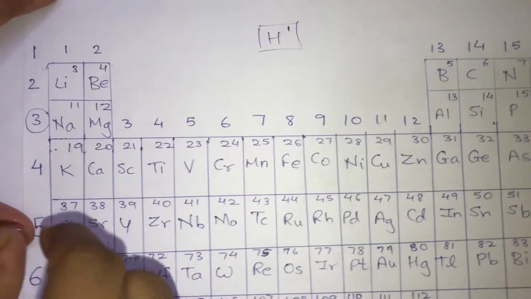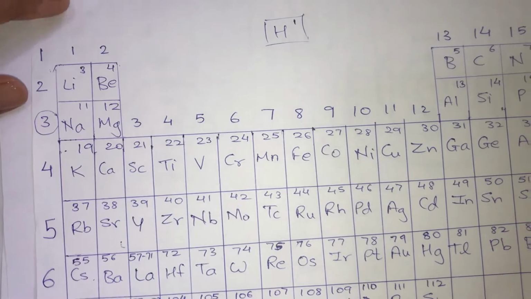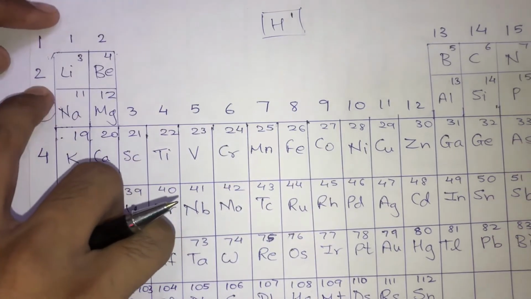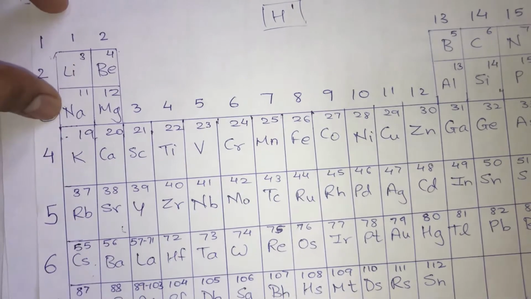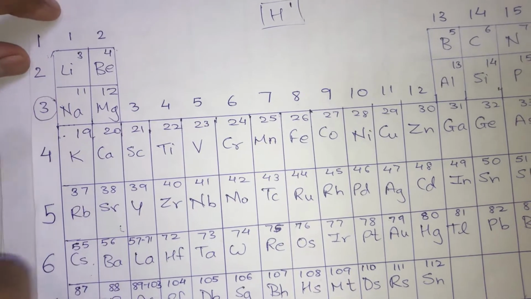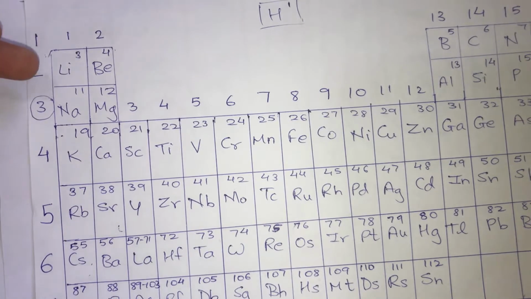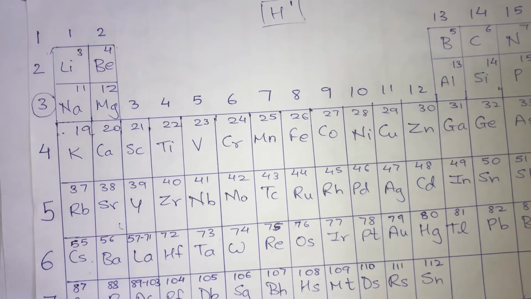Now if I consider the first group, in lithium there are 2 energy levels. When I move from lithium to sodium, I get 3 energy levels. So can I say, as I moved from lithium to sodium, there is an increment in energy level by 1.